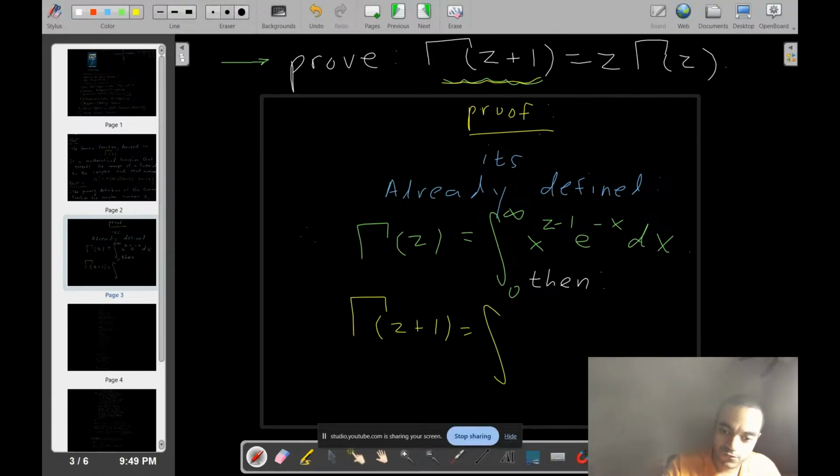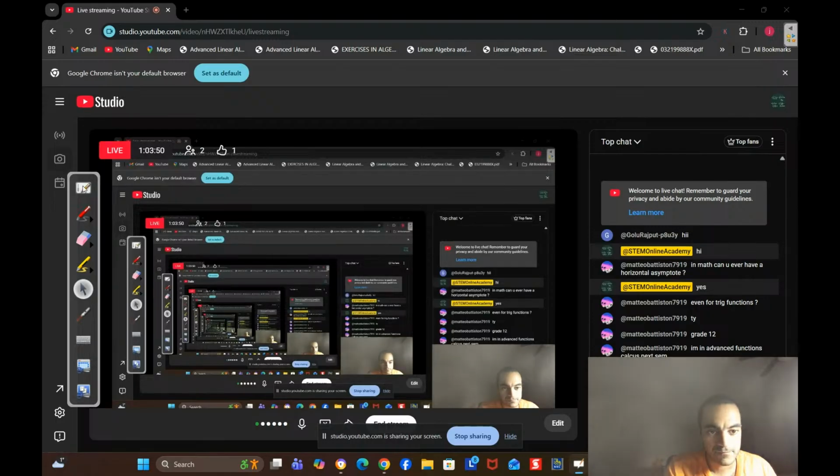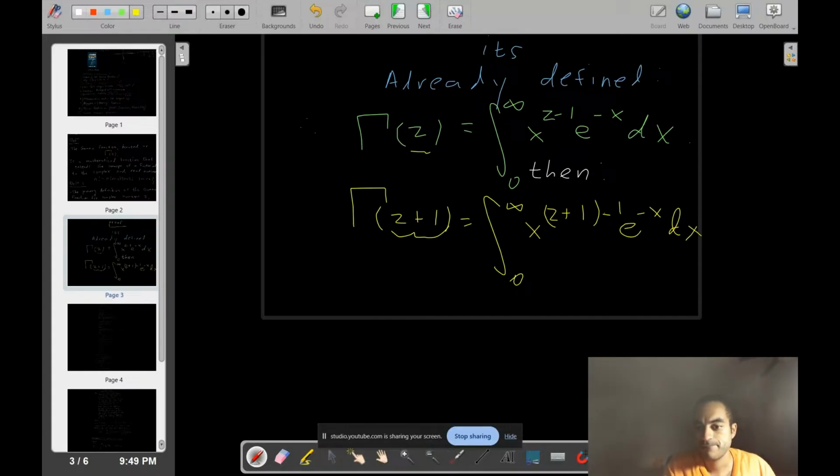It now becomes the integral from 0 to infinity of x to the... Now, remember, for every z, I'm replacing z plus 1. So what goes in the exponent? z plus 1, right? Every z gets represented with z plus 1. So z is replaced with z plus 1, then minus 1. And then it's e to the negative x dx, if that makes sense.